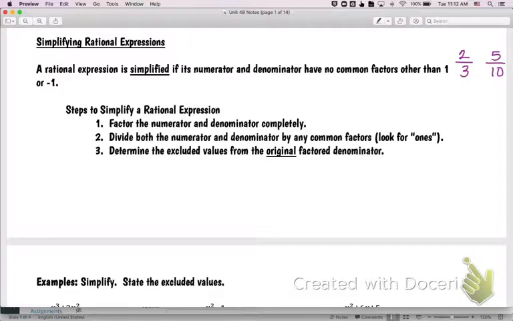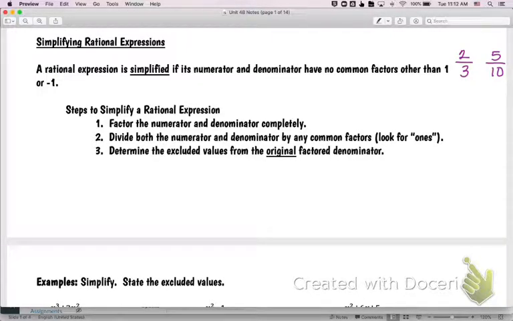We're looking for ones. Now, again, be careful when we use that word cancel. Yes, we're going to cancel factors out, but they cancel because they divide out to 1. This is important if everything cancels out. You don't end up with nothing, you end up with 1. And then we always want to figure out the excluded values based on the original denominator, not the simplified denominator.